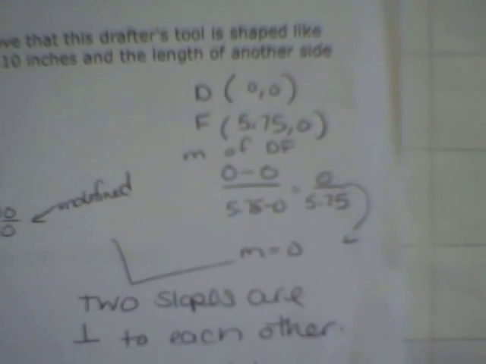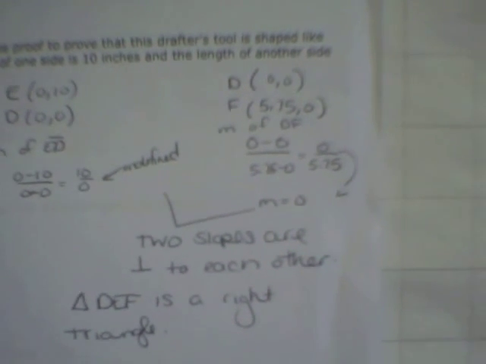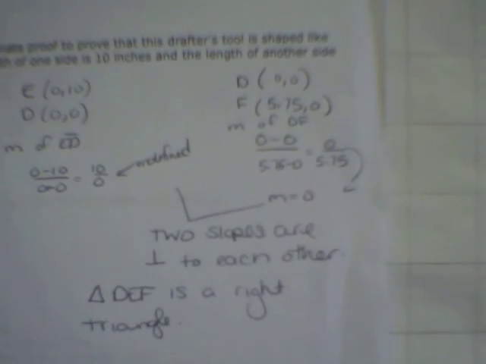So whenever I have 0 divided by a number, the slope is 0. So just like when we were solving the one above, you have a slope that's undefined and a slope that's 0. So these are perpendicular to each other. So the two slopes are perpendicular to each other. Therefore, triangle DEF is a right triangle.